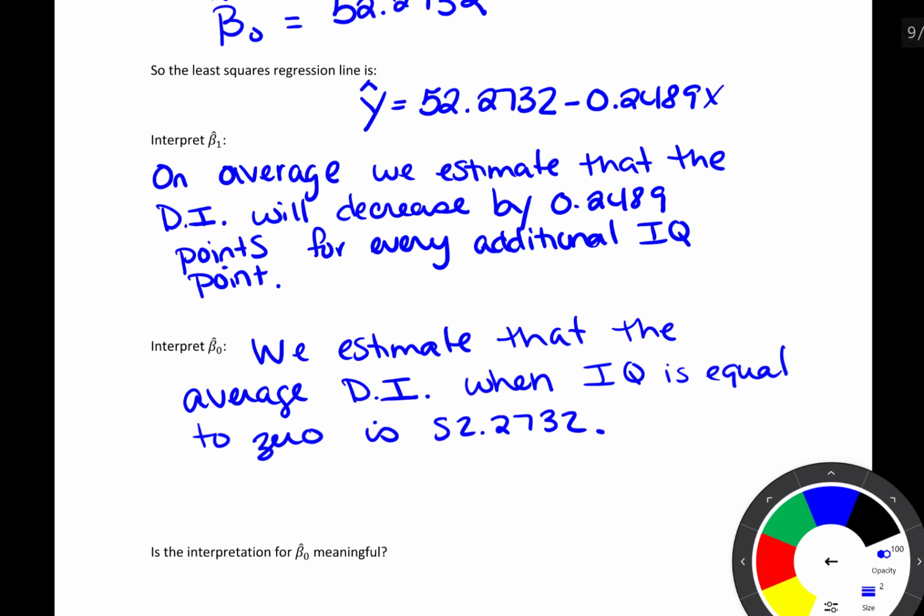Because remember that this is the y-intercept and that occurs when x is equal to 0, and our x variable in this case is IQ.